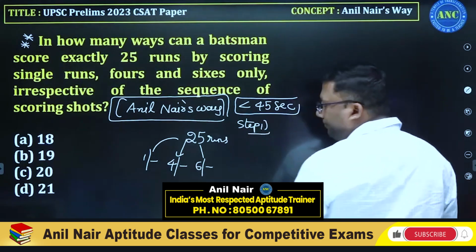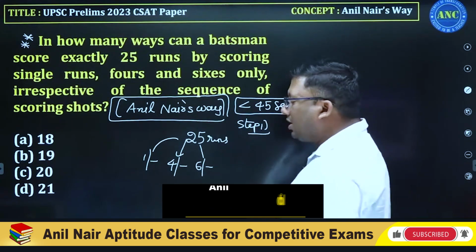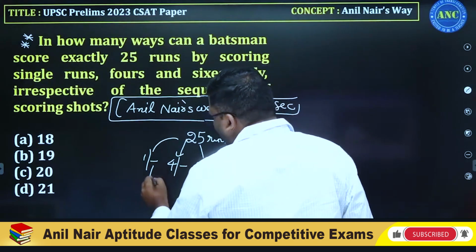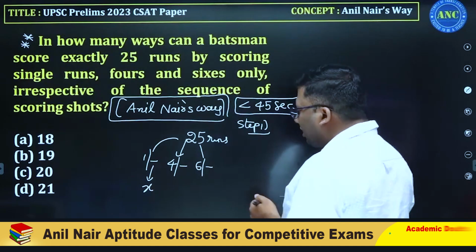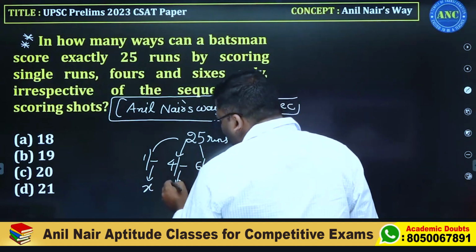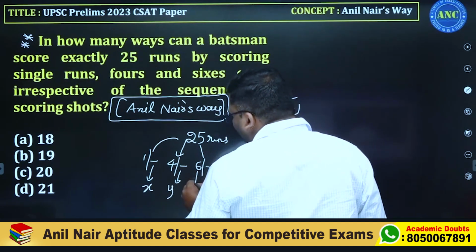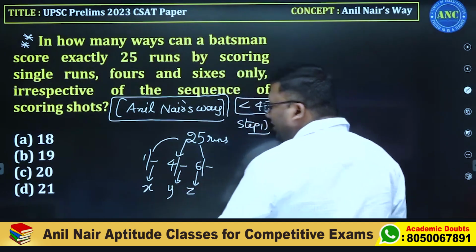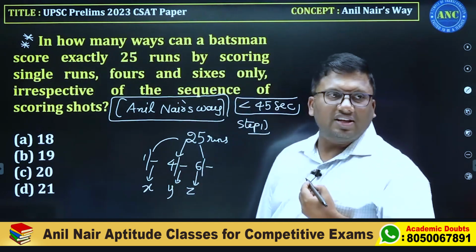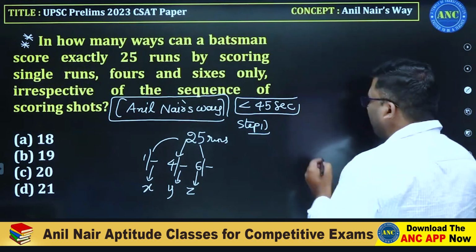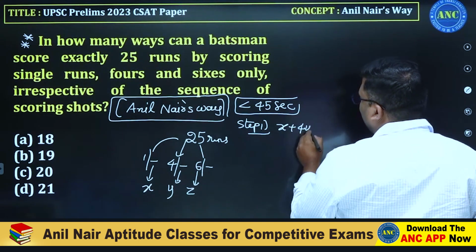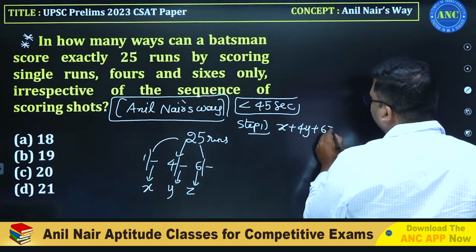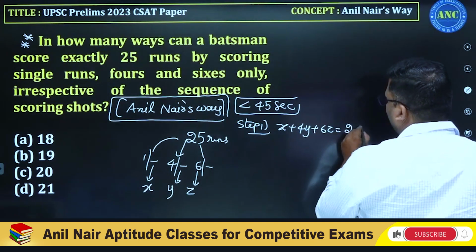Step number 1. How many 1 runs he scored? That we don't know. Let the number of 1 runs he scored be X. Let the number of 4 runs he scored be Y. Let the number of 6 runs he scored be Z. That means the equation will become X plus 4Y plus 6Z is equivalent to 25.